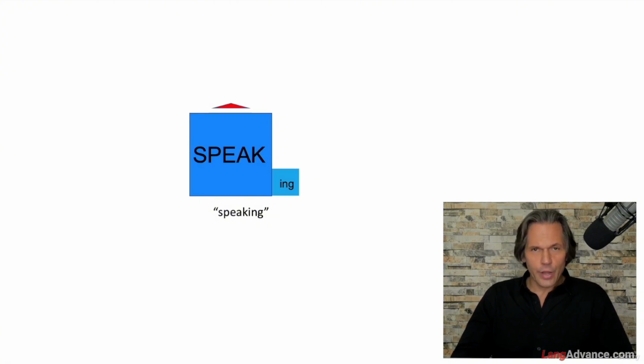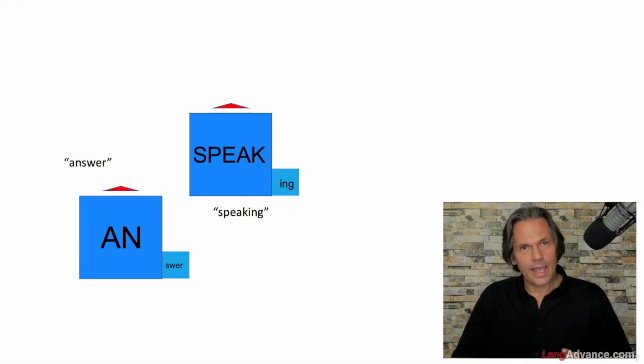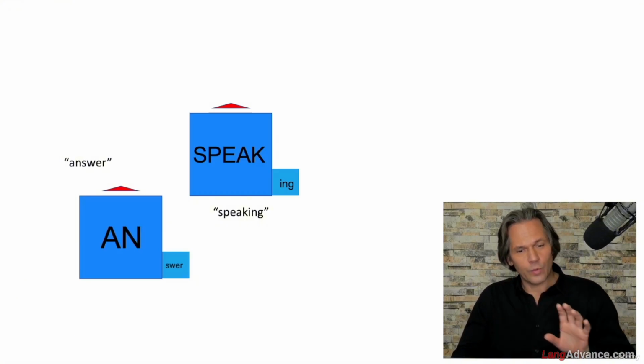And let's introduce another word. We'll use a verb, but instead of the stress of da that we used in the last example to make connect into connection, let's use a verb that stresses the first syllable, like answer. And let's think of replacing the sound speak with the sound answer.